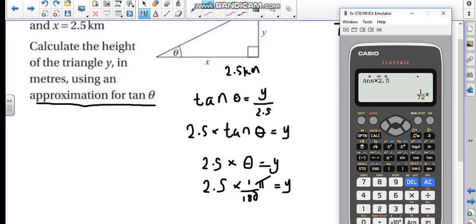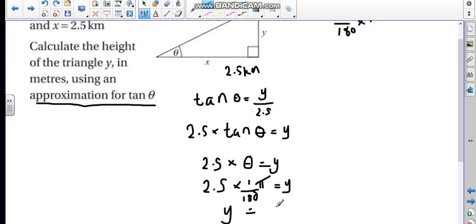Okay, and we get the answer as 1/72 pi, so let's get that as a measurement. 0.043. So y equals 0.043 kilometres. Okay, so it's actually 0.436 kilometres.